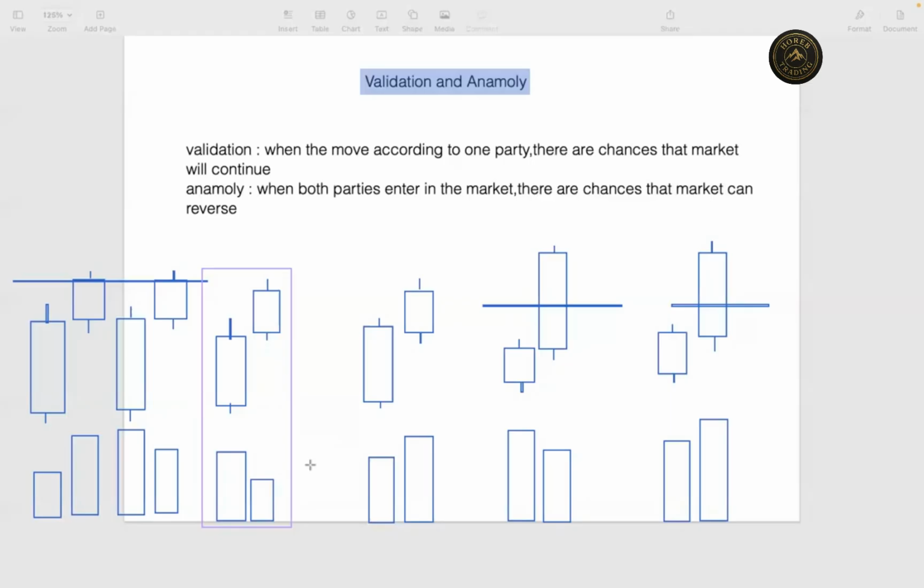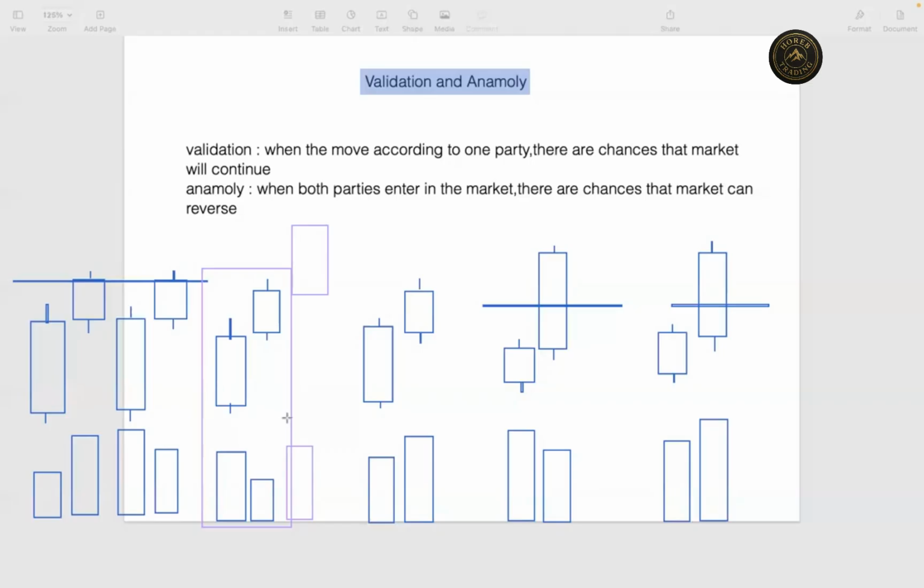So with this, we can have a chance that the price will continue. On the small candle, it's just like buyers are resting. After the big movement on the big candle, they are resting, so they can continue with increasing volume. So with this, we can talk about validation.